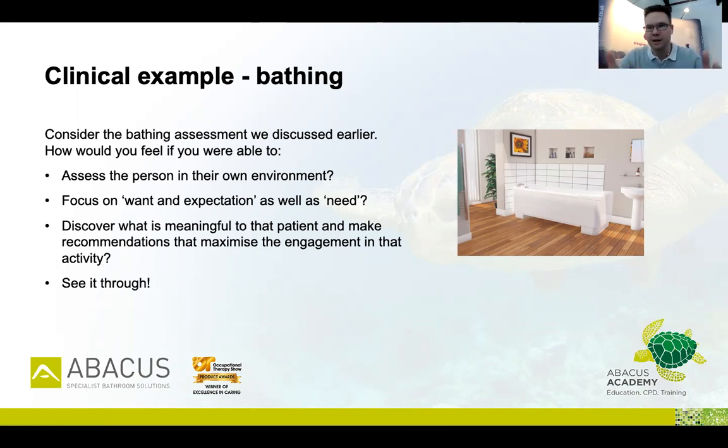Now, it may be for the 6 weeks of discharge to assess, but if your service is able to have the resources, it could also be for the lifetime of that potential adaptation. So why not have a therapist who can support that person out of hospital and organise the installation of their specialist bath, rather than provide them with a board to leave hospital with and hand it over to somebody else to see it through?